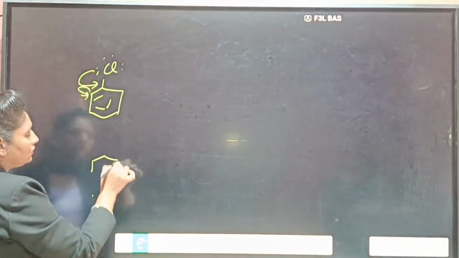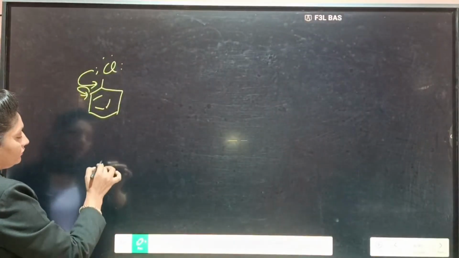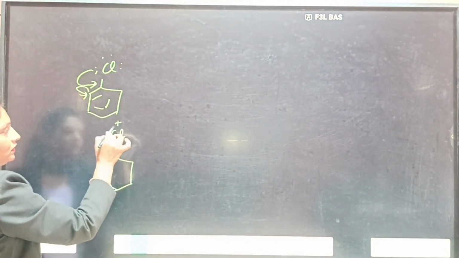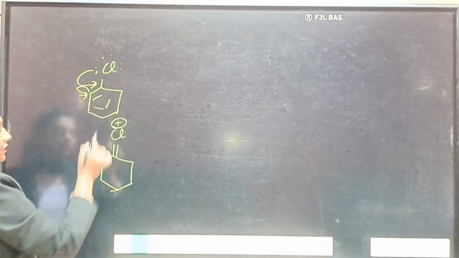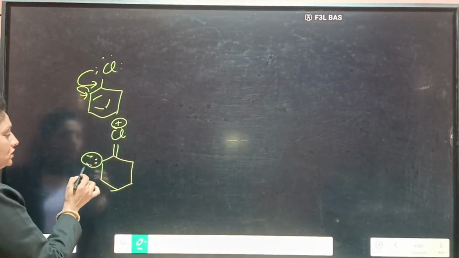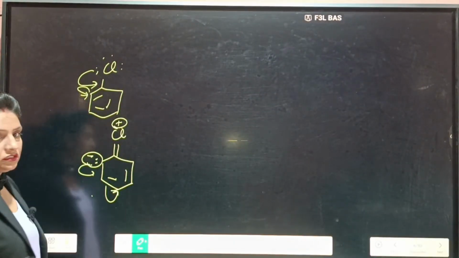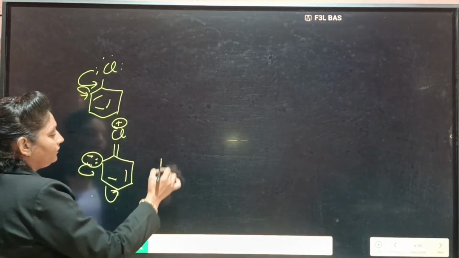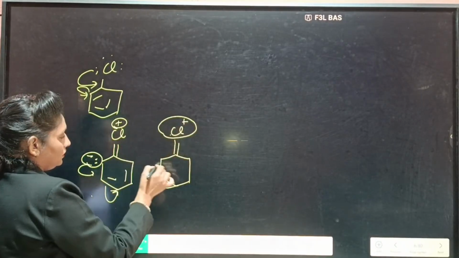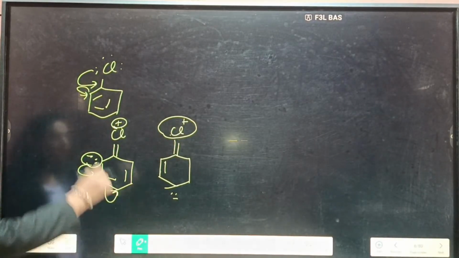So if this shifts here, then plus double bond, and this shifts here, negative. Clear? Then you will shift this one here and this one here. Cl plus, this bond here and negative here, means you can see electron density.